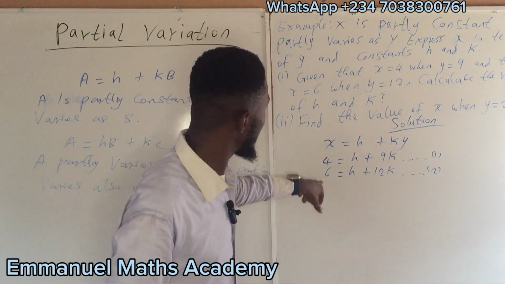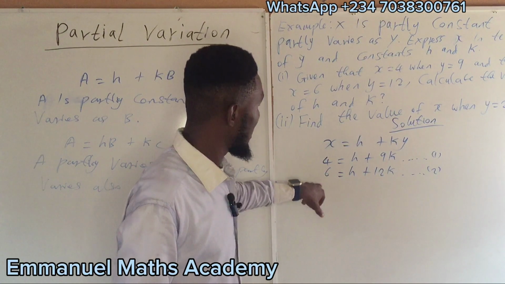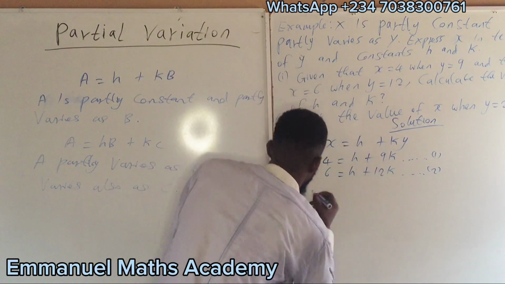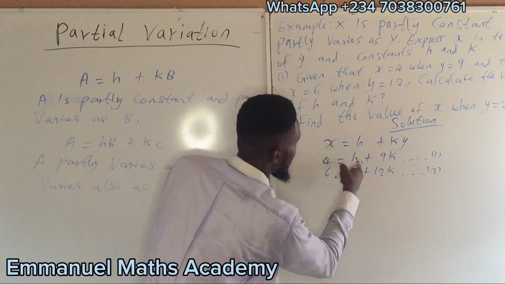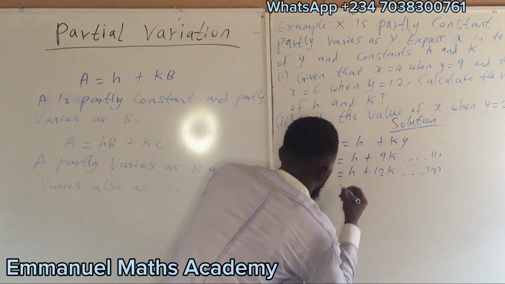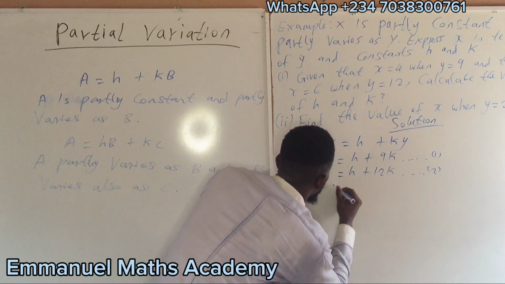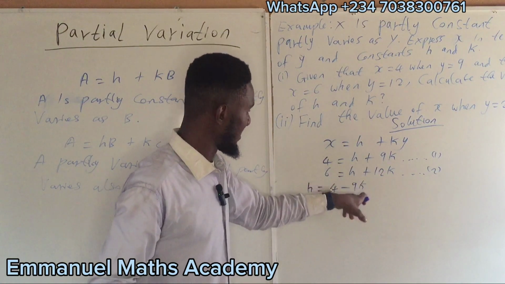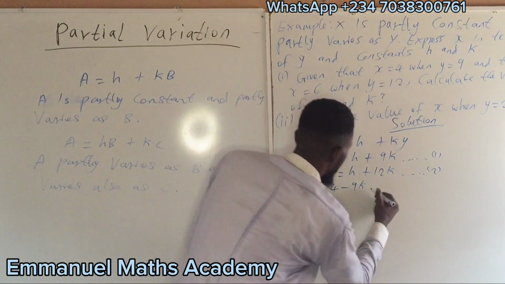You solve these two linear equations simultaneously. You make H the subject of the formula from equation 1, so we have H equals 4 minus 9K. You now substitute this in the second equation. You can call this equation 3.